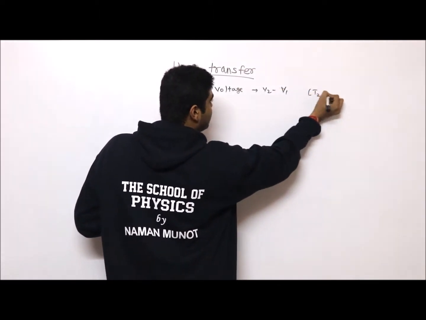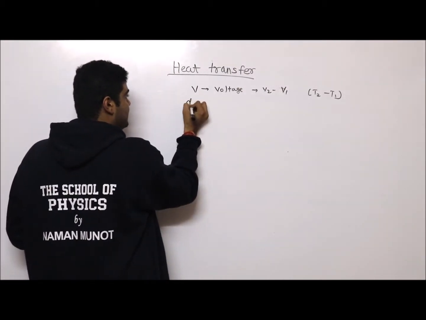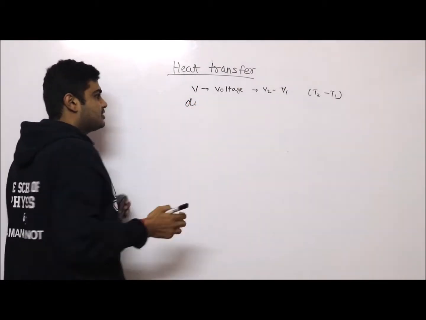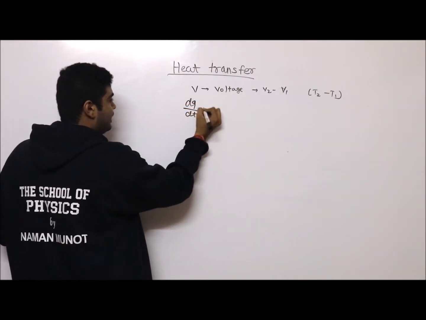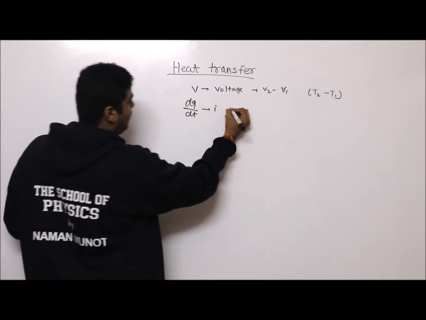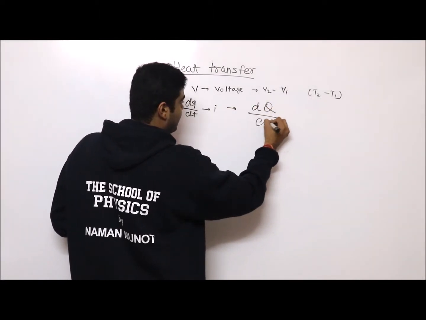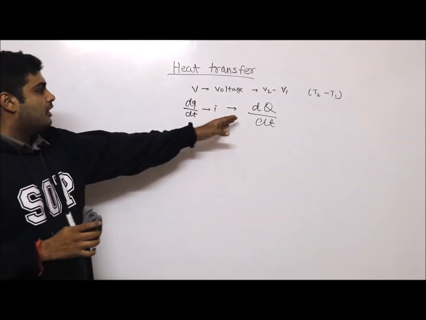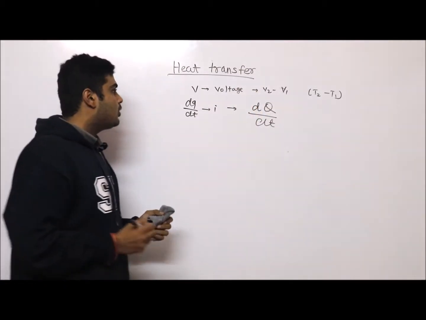There dq by dt was current. Here we have heat, dq by dt, the amount of heat transferred per unit time, as our current in this formula.